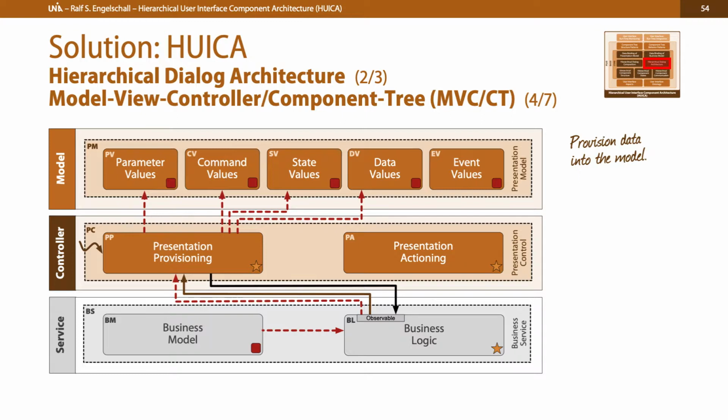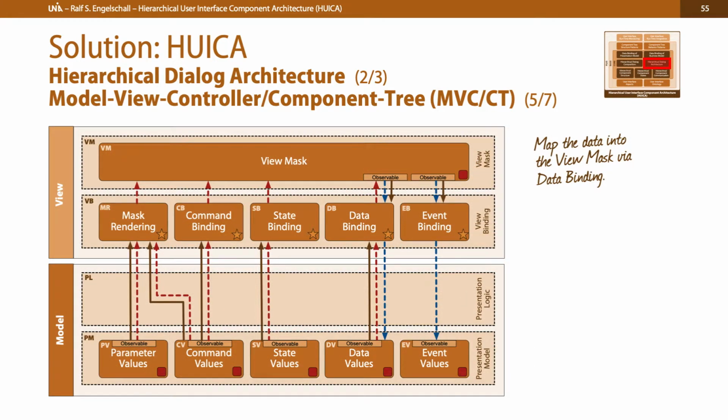The presentation provisioning then puts those data into the parameter values, command values, state values, and data values aspects of the presentation model. Then the particular presentation model values, through the data binding aspects in the view binding layer, are transferred to the view mask, and through observer patterns in the view mask we can get the data back.